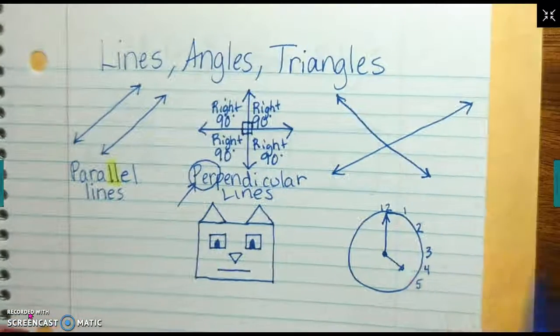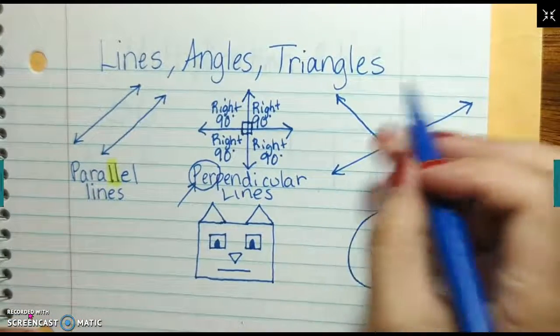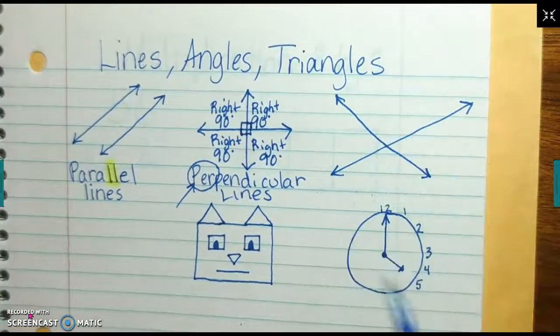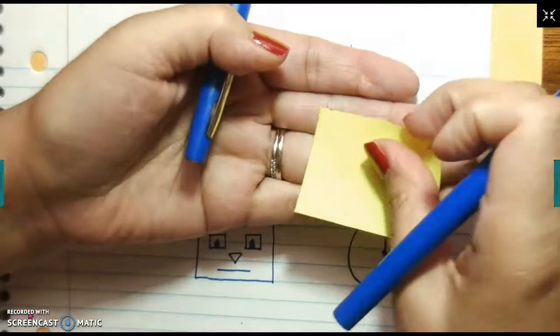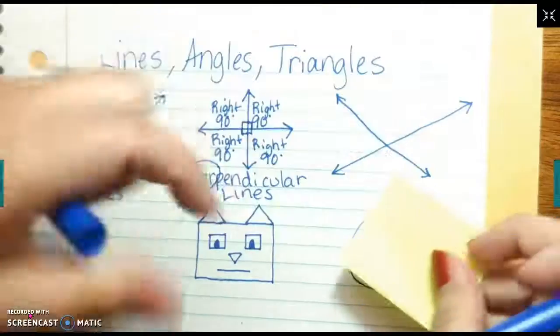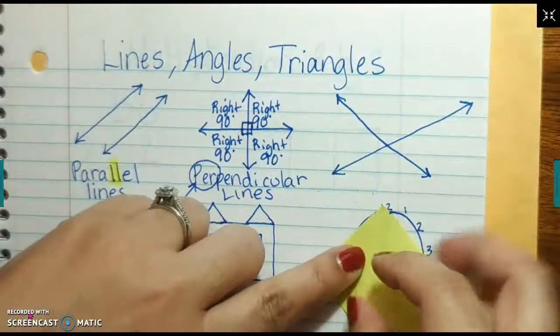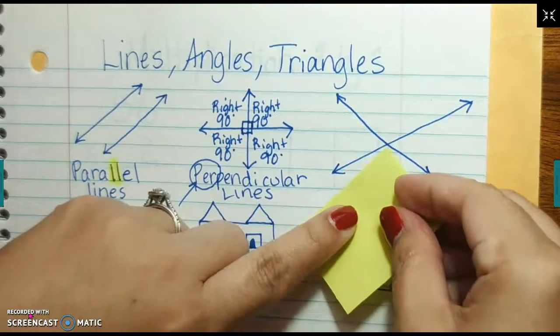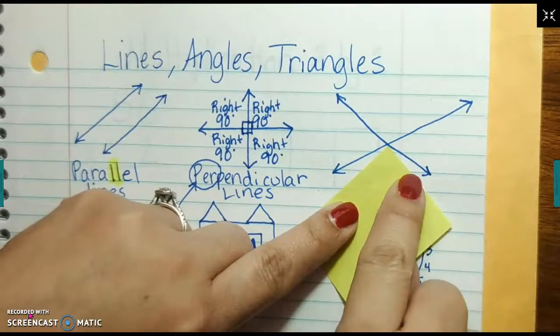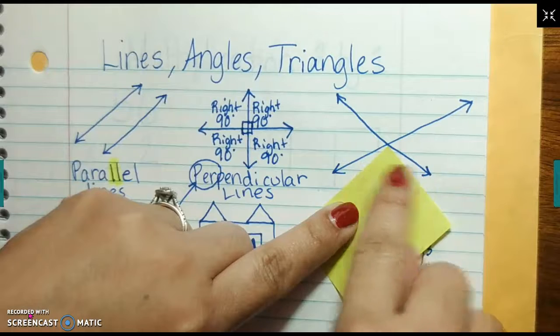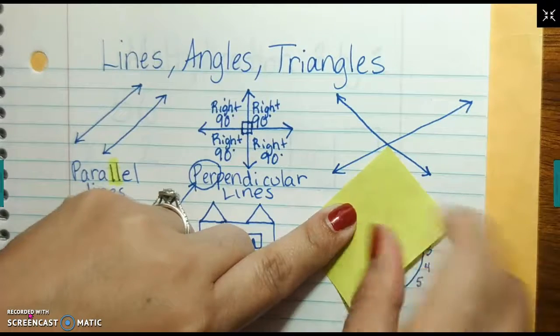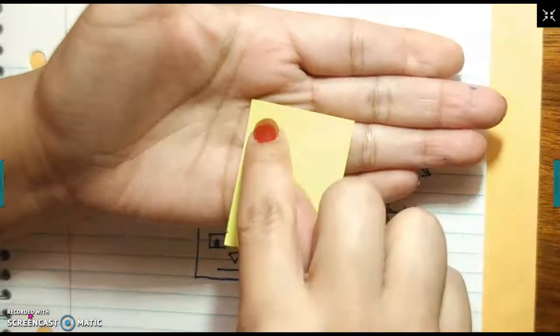And then intersecting lines will always form, and let me show you with this little corner trick, with the post-it trick, that if you go in, you're going to notice it is not a perfect match here. This is a larger angle. This is greater than 90, because I know this corner is 90.